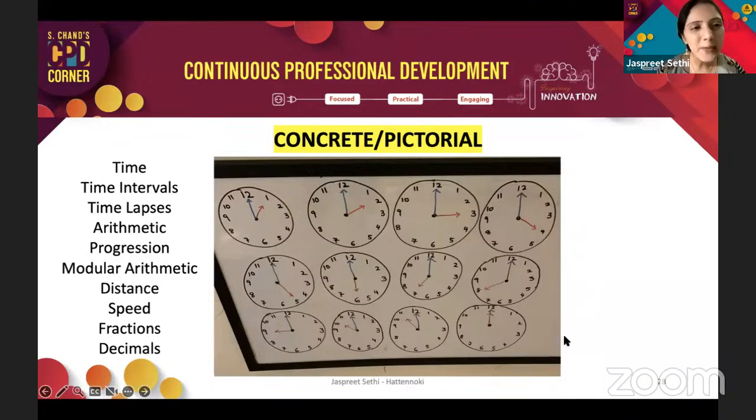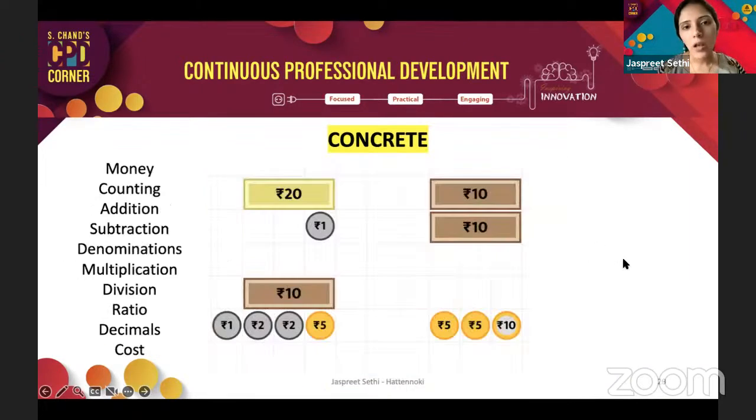Or if I say 15 minutes, how do I write that as a mixed number? If I'm saying 2 hours and 15 minutes, a very common mistake is 2:15 or 2.15, which is incorrect. We know that. So I go back to my concrete and pictorial tools to explain that.